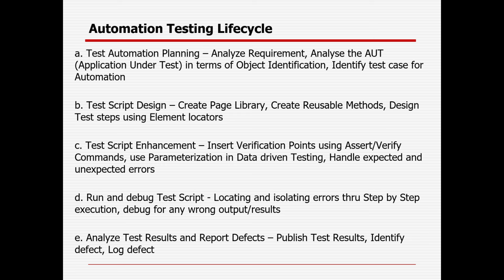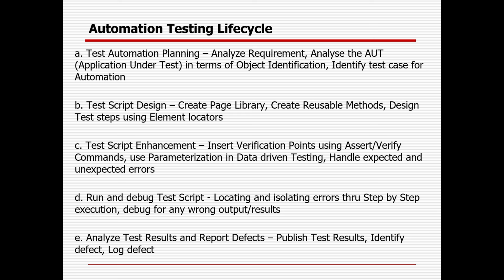That is the reason you need to insert verification points with the help of assert or verify commands. You need to parameterize, because the same thing may need to be executed multiple times with a variety of data. You are not writing the same code again and again; instead, the same code can run with different data combinations. You need to handle expected and unexpected data in case it comes.